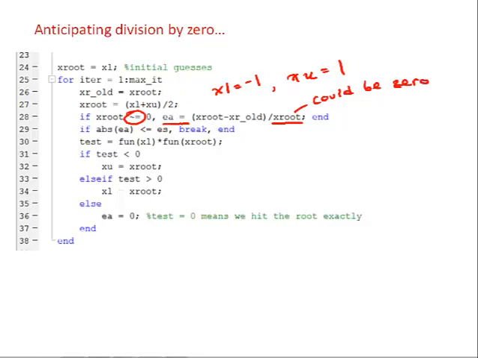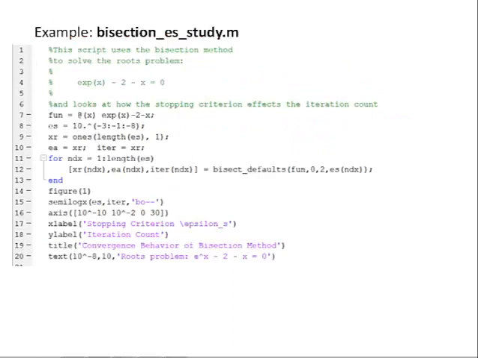So let's look at an example of what we can do with our new, more robust bisection method. And this is a study to look at the performance of the bisection method and see how the number of iterations that are required to converge depends on that stopping criterion. So what this example does, and I would encourage you to download the M file from the video folder and run this, perhaps run it in the debugger and make sure you understand how it's working.